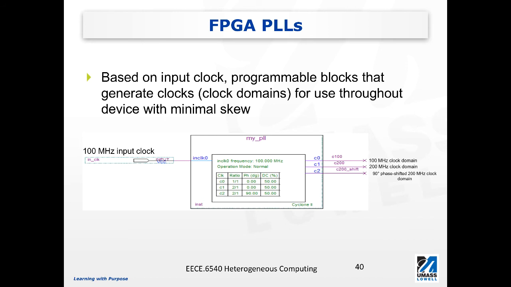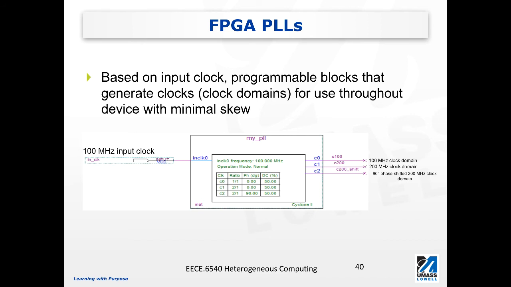PLL, phase-locked loop, is also a very popular design to change the frequency of input clock so that it can generate different frequencies or different phases based on the needs of the logic. In this example, this is a PLL module instantiated inside the FPGA.